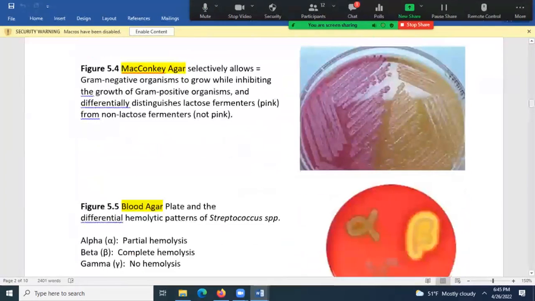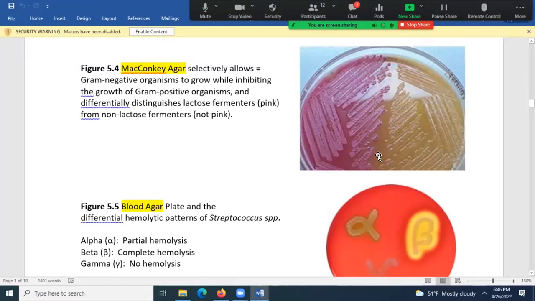All right, here we're looking at MacConkey's agar. It is selective in that if the bacteria can grow on MacConkey's agar, it is generally a gram negative. So MacConkey selects for gram negatives and selects against gram positives. It is differential because we can distinguish between lactose fermenters and non-lactose fermenters.